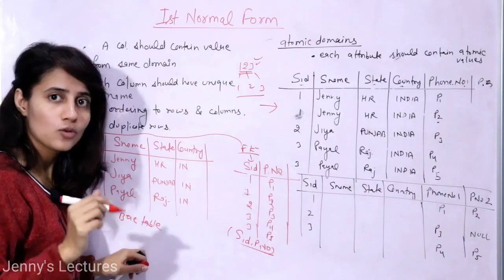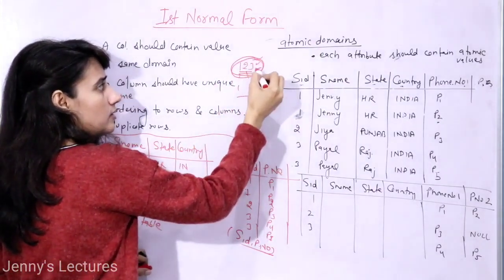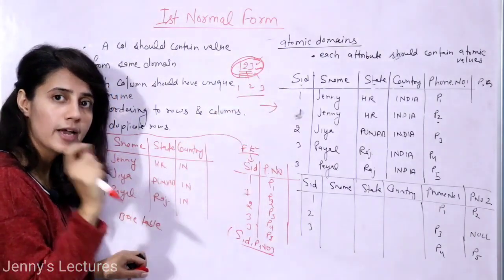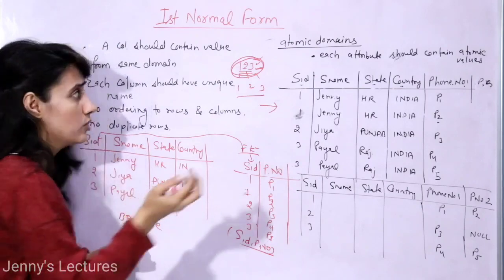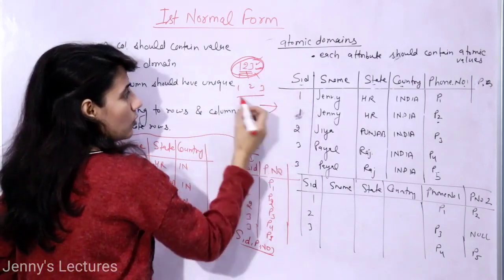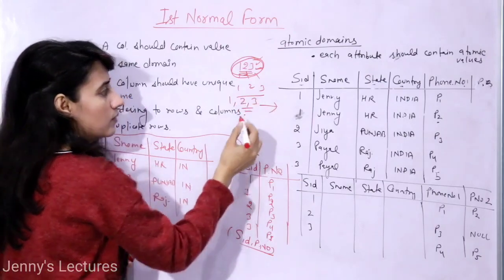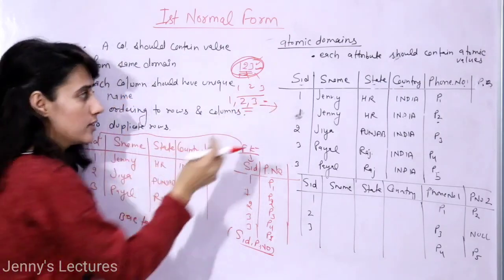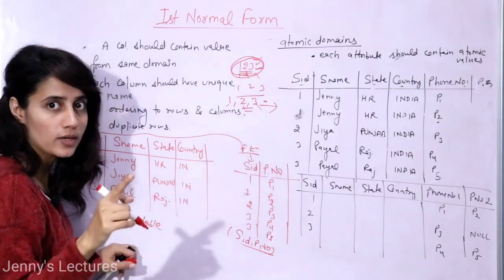Non-atomic. But the rule is that integers are considered atomic values. But a set of integers is not an atomic value. Suppose I write here, rather than 1, 2, 3, the set {1, 2, 3}. This is not atomic. This can be further divided into 1, 2 and 3. This you need to take care of, right?